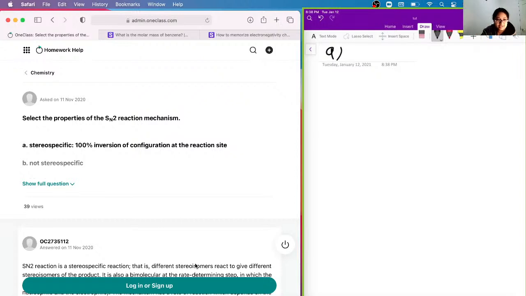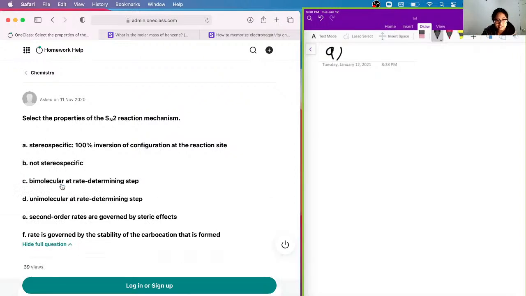The next question says, select the properties of an SN2 reaction mechanism. Okay, so an SN2 reaction is a stereospecific reaction, right? So let me write that down.